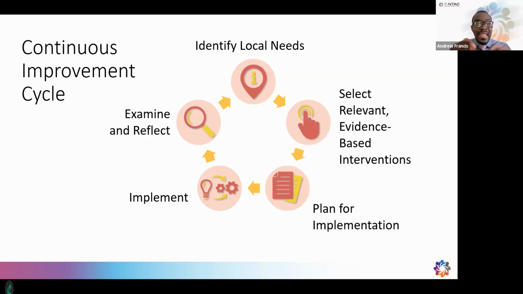Now, as you identify those local needs through your needs assessment, the next step is to select relevant and evidence-based interventions, right? It's determining, will this intervention work? What evidence is there that if we take these steps, if we implement these particular key activities, we will see the results that we desire for those we are serving?